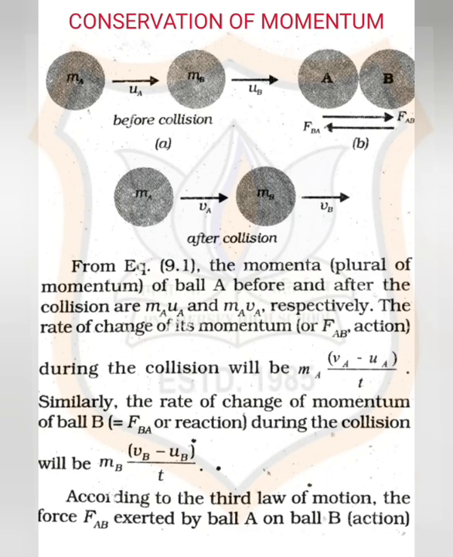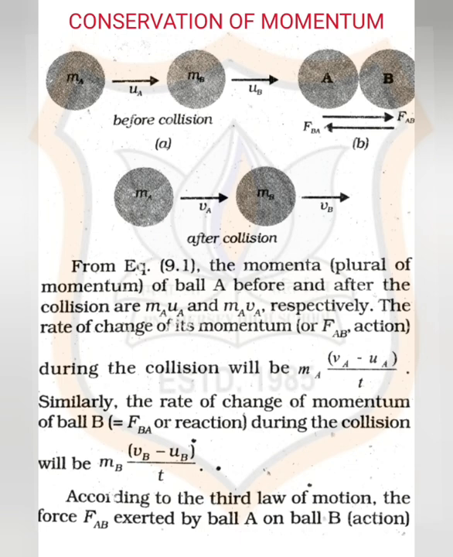The rate of change of its momentum, that is FAB, the action force during the collision, will be MA into acceleration, that is MA times (VA minus UA) divided by T.